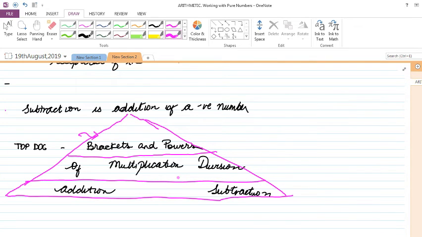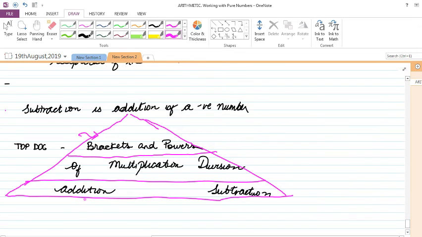When you see an expression, how do you work it out? I want to be very clear about what I tell you now.